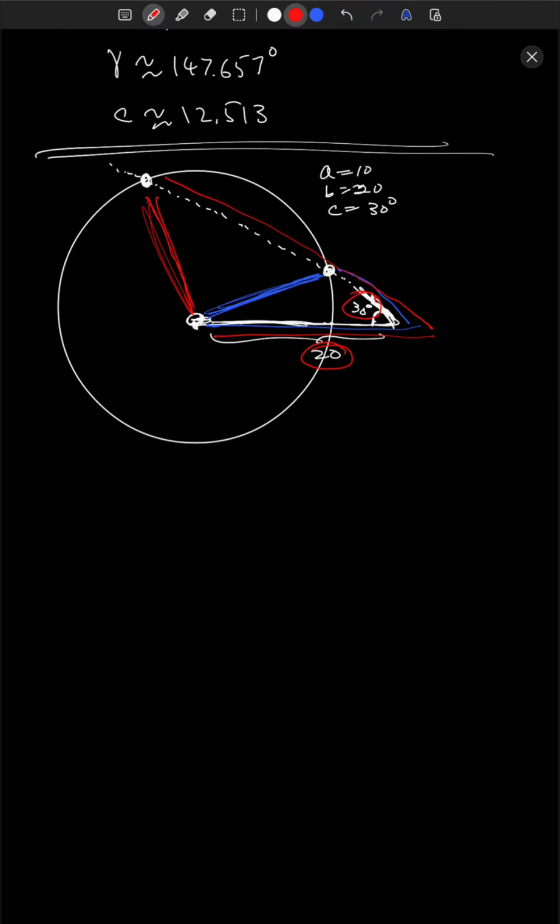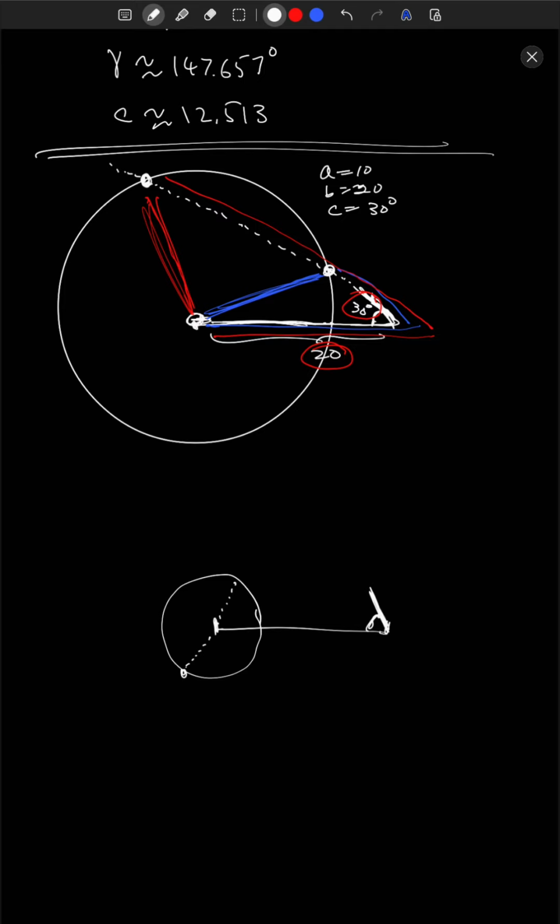Now what about the situation where there's no triangles? Well, that's going to be something like this. Where you know this length, you know this angle. And you have to be on a circle there. So you know this length has to be a certain length, but again, you don't know where the side is. You just know it has a length of this radius.